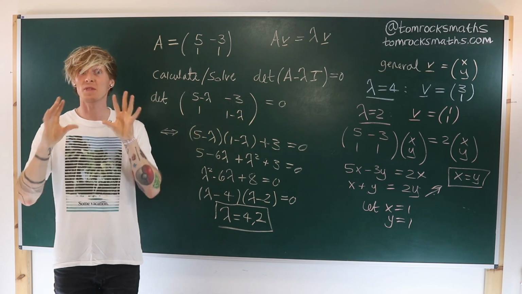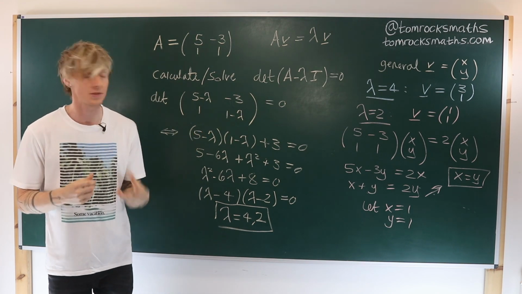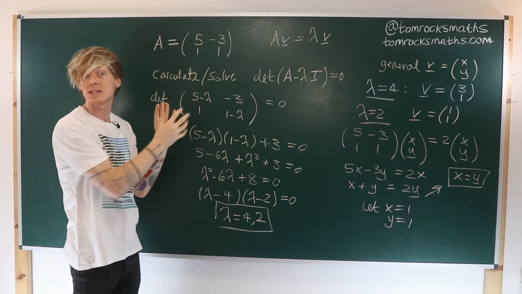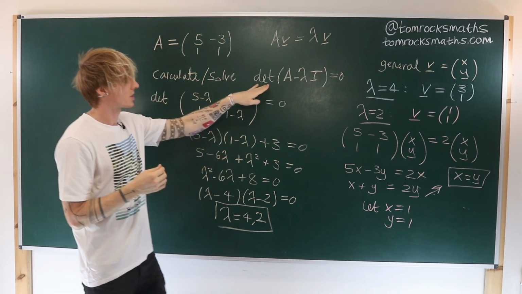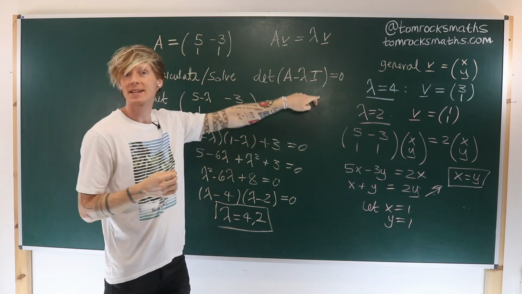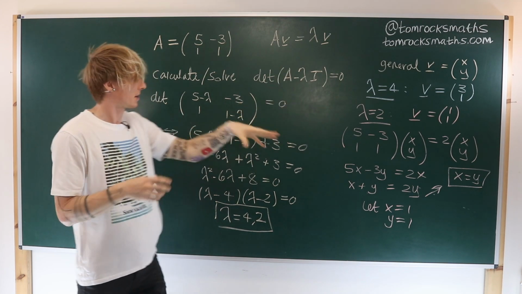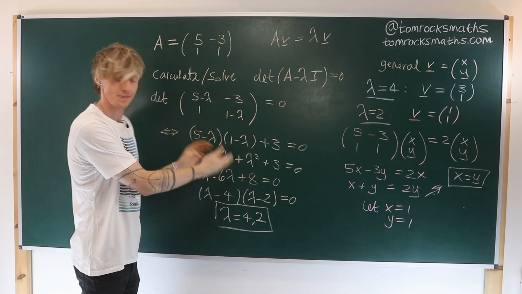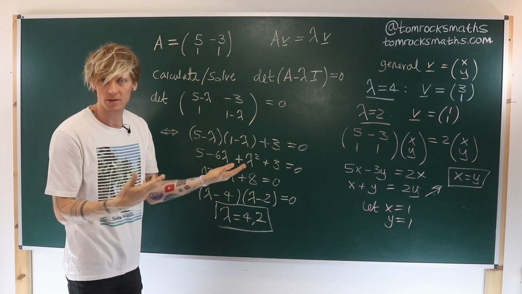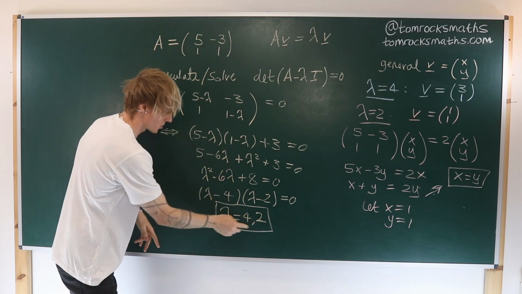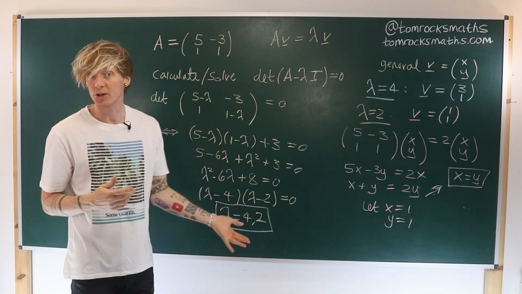And that's it. We found both eigenvalues by solving our characteristic polynomial. The determinant of A minus lambda times the identity had to be 0. This gave us a quadratic equation. We could factorize it here or use the quadratic formula to get the solutions that lambda must be 4 or 2.